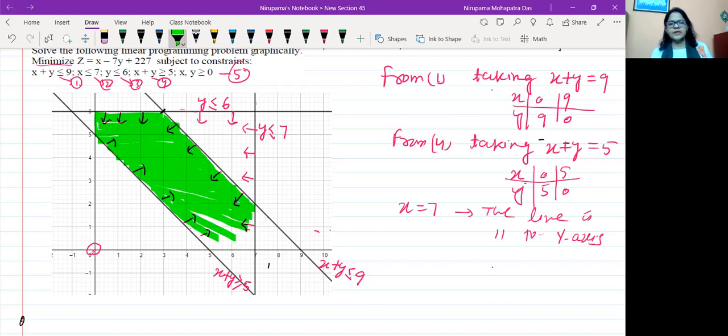Similarly, when y is constant, the line is parallel to x-axis. Keep that in mind, and be very careful: the shading of the graph should not exceed the first quadrant. You cannot bring it below or beyond this. So this is the portion we need to set.